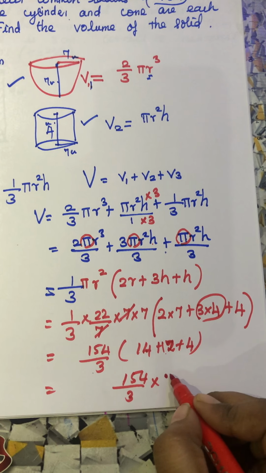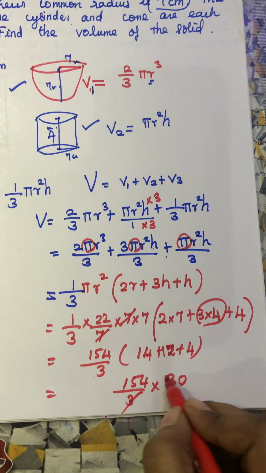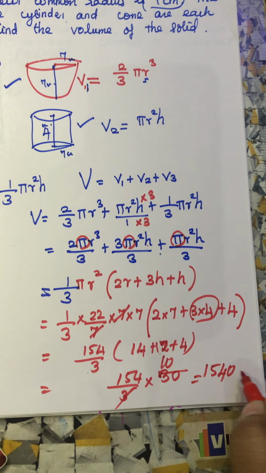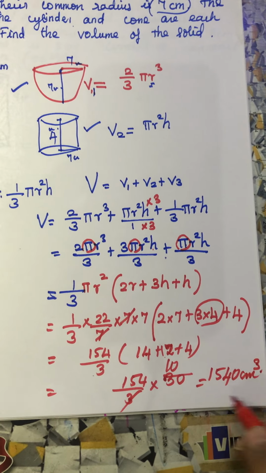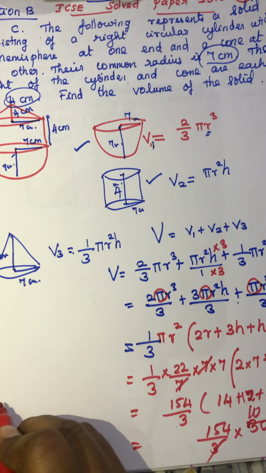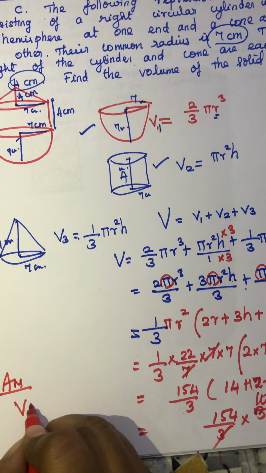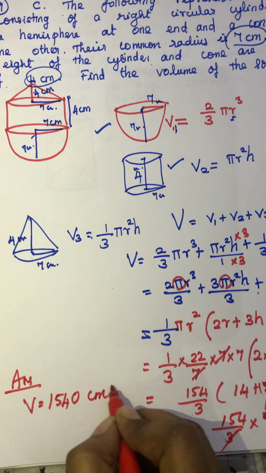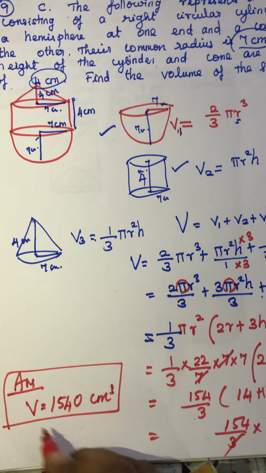Adding gives 30. So we cancel, 30 by 3 is 10, and we get 1540 centimeter cube as the total volume. So our final answer is 1540 centimeter cube.